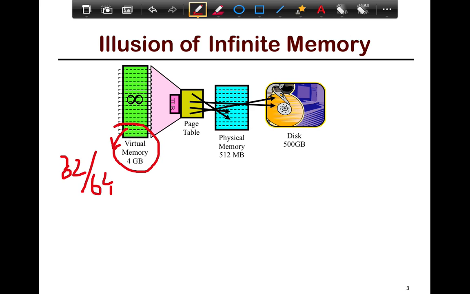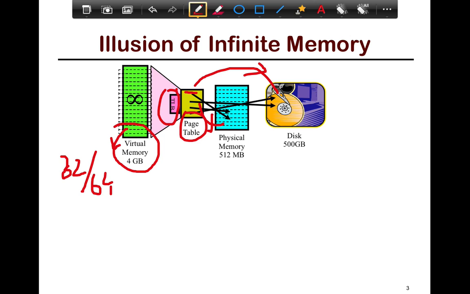All of this memory has to go through this combination of TLB and page table. Anytime you have an address that is accessed in virtual memory, it has to go through these two gatekeepers. For each page they have pointers that can either point to the disk, or point to memory.